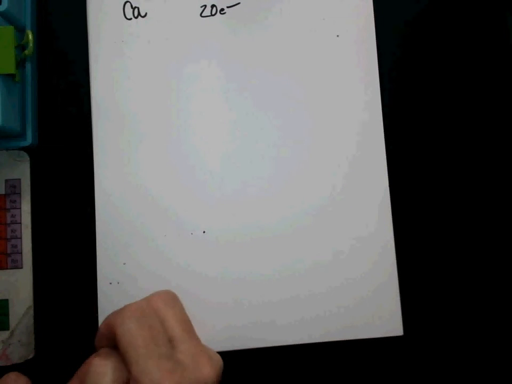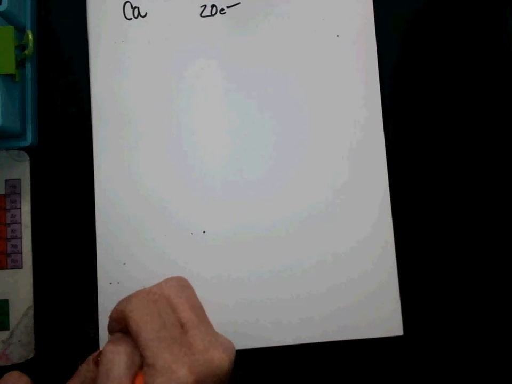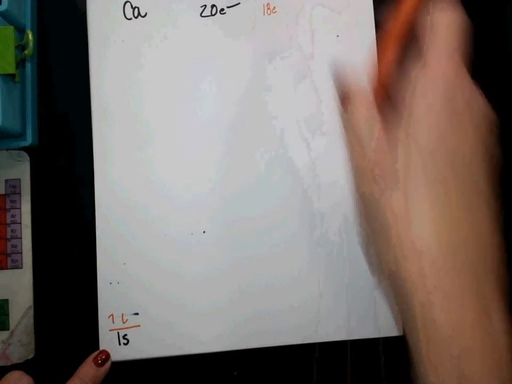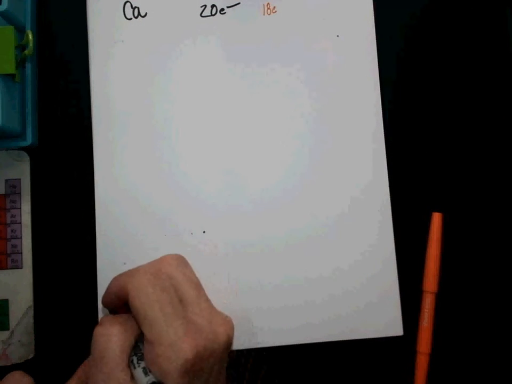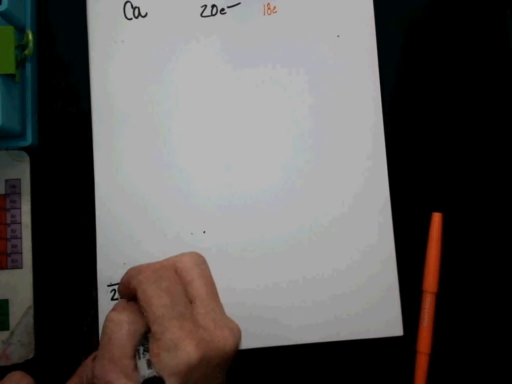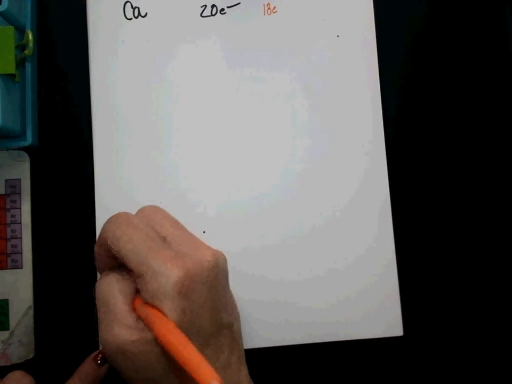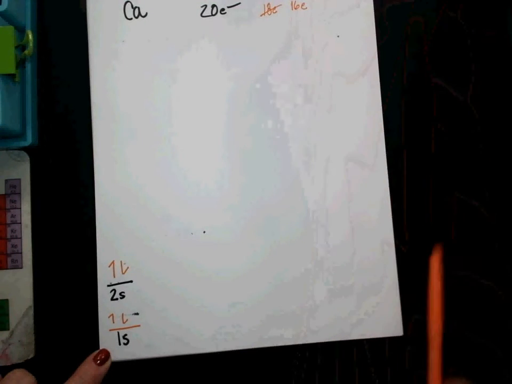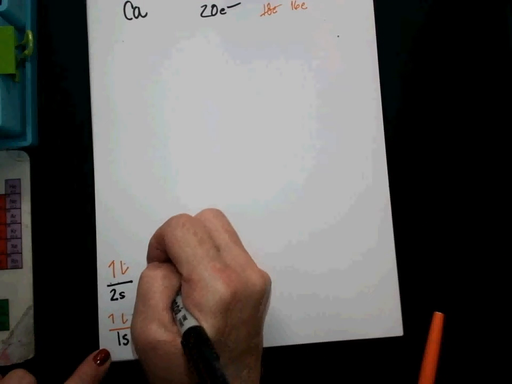I want to start like I started before. The first place that fills is 1s. And I have 18 electrons. Then I'm going to fill my 2s. Now I have 16 electrons.